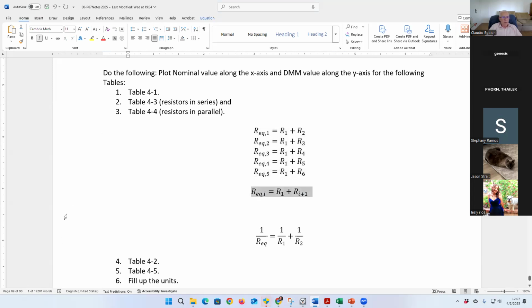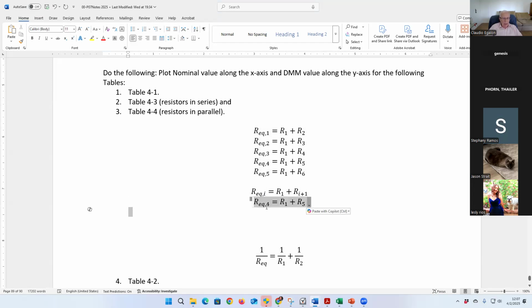I write just a single equation to represent all those 5 equations, right? And by the way, we have to say too that I goes from 1 to 5, okay?